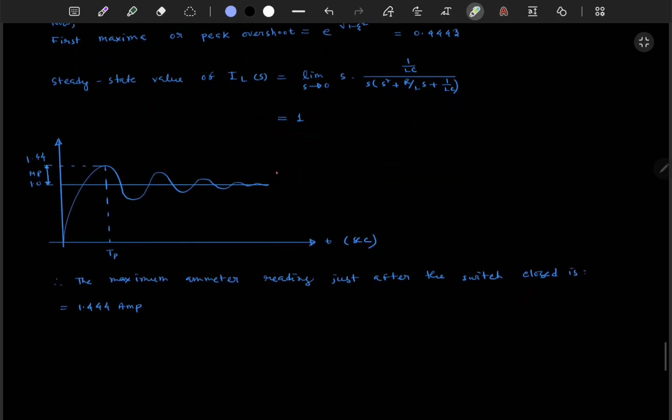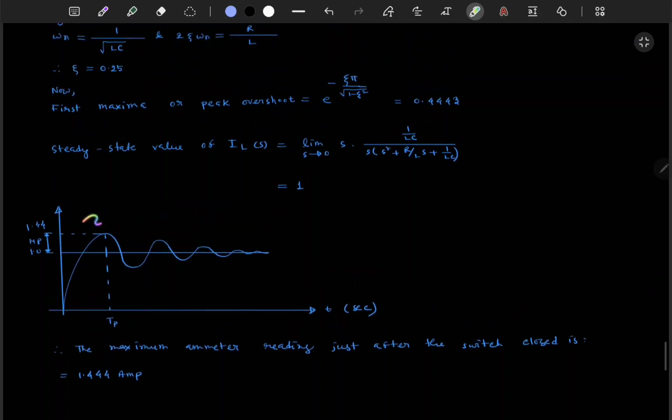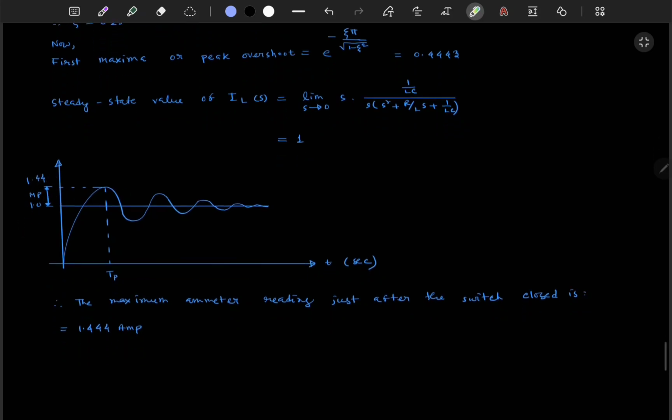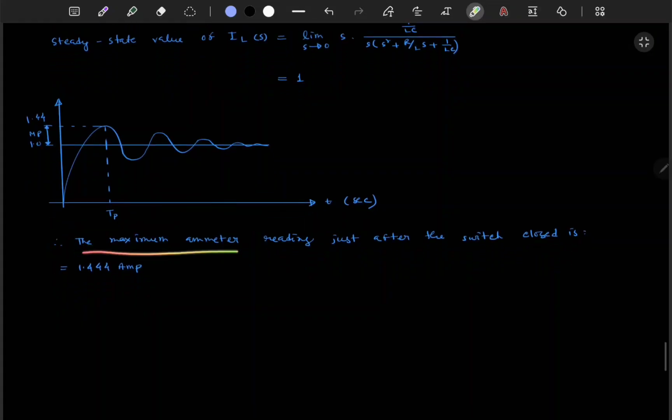At steady state the value is 1. The maximum peak overshoot upper point is at 1.44, so the maximum ammeter reading just after the switch is closed is this one.